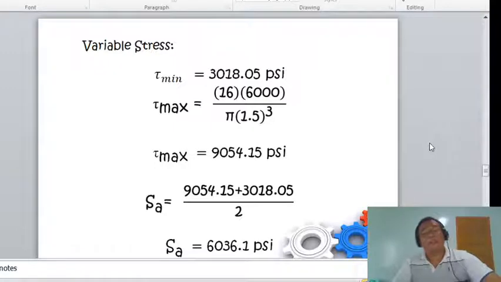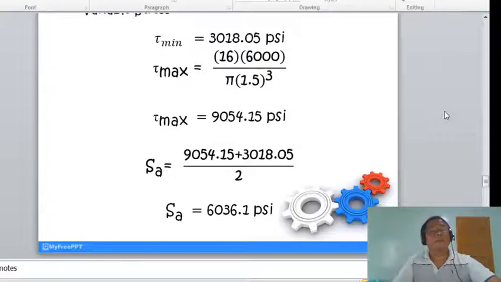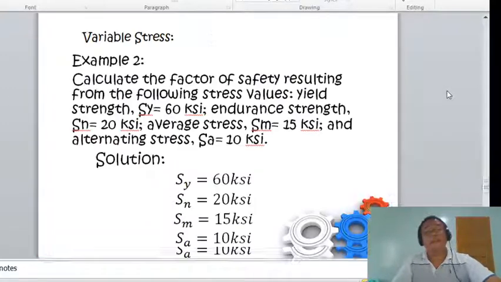And getting the mean stress, that is 6,036 psi. So that is not the alternating stress, but that is the mean stress. For alternating stress, you just subtract here. So this is a typographical error, class.